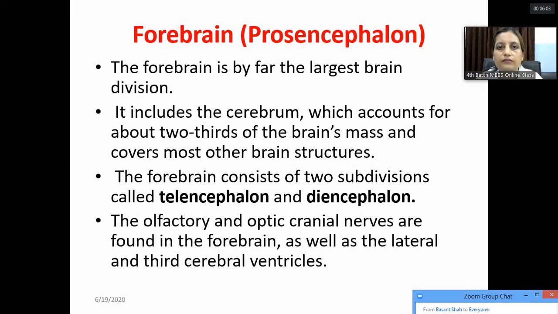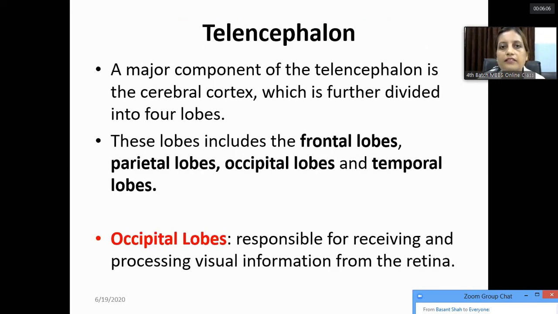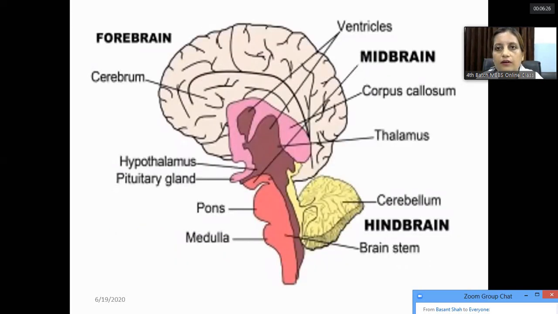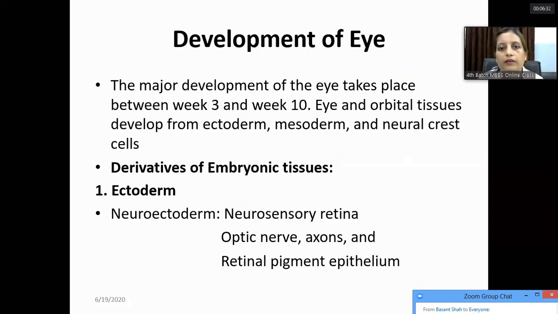We are concerned with the telencephalon, whose major component is the cerebral cortex, divided into four lobes, among which the occipital lobe is responsible for receiving and processing visual information from the retina. This figure shows where the forebrain is situated, and the eyeball is developed from the forebrain.